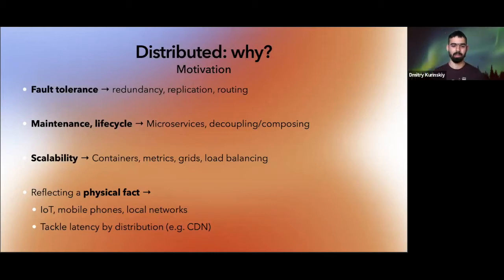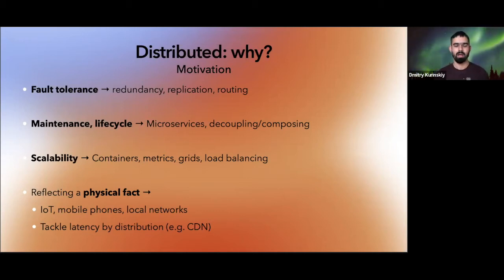Why will I allocate my code on many different nodes in the cloud? So the motivation, why distributed? First, I want to have fault tolerance. So I want my data to be replicated. I want to route computations to different services, to have redundancy and so on. So this is the first motivation.